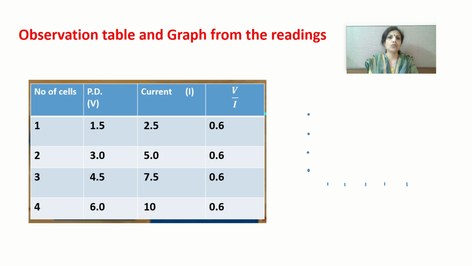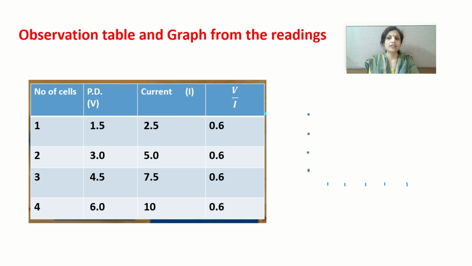If you take the ratio of V upon I, again it is equal to 0.6. So V upon I for every reading is constant, and this constant is called the resistance of the wire of the circuit. Alright.